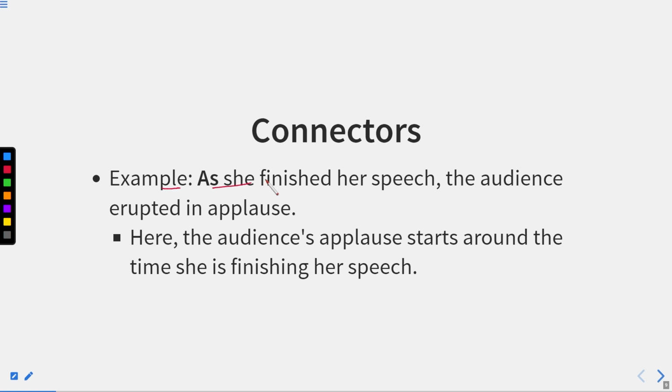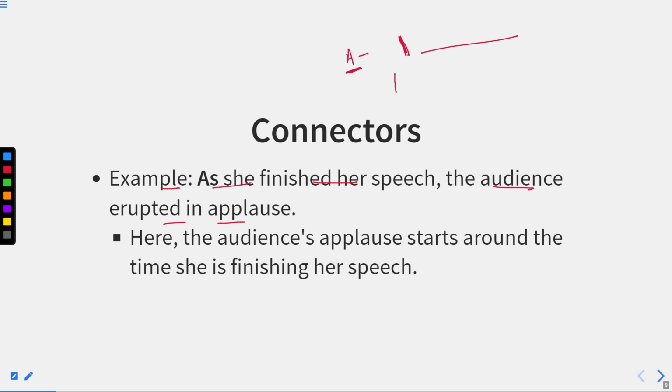For example, as she finished her speech, the audience erupted in applause. Now as she finished her speech means, suppose there is a person A who is giving a speech. Now as soon as she, a girl, finished her speech, the audience began to applaud. Okay, so obviously after listening to that speech, at the same time they began to applaud.